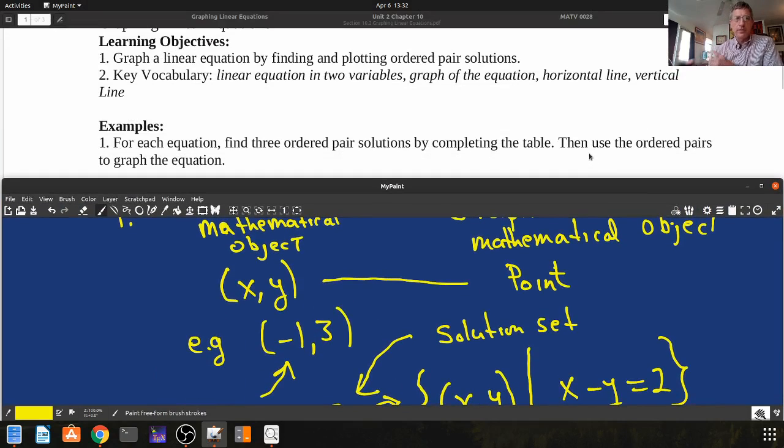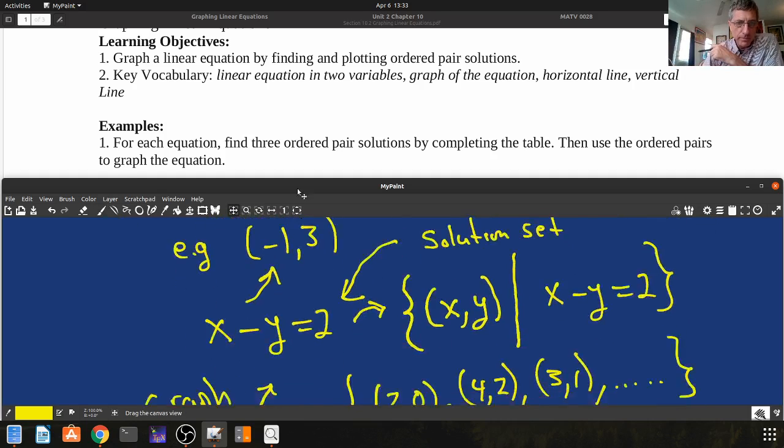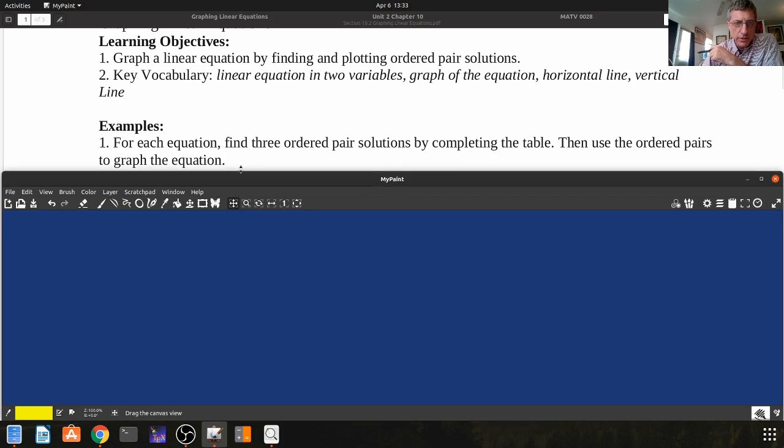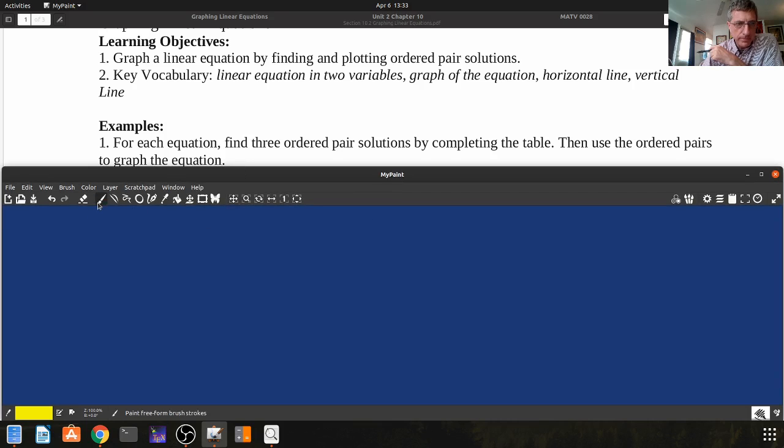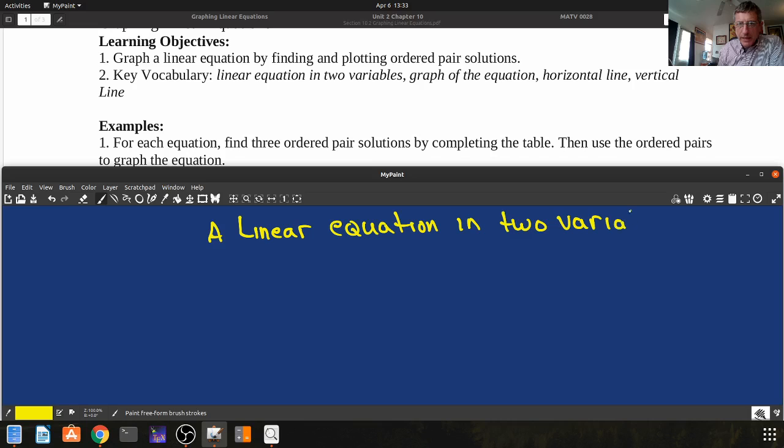So I just defined a linear equation in 2 variables, and let me give you a more general definition. So a linear equation in 2 variables, and for the most part our variables will be x and y.